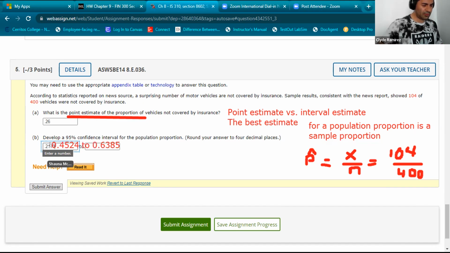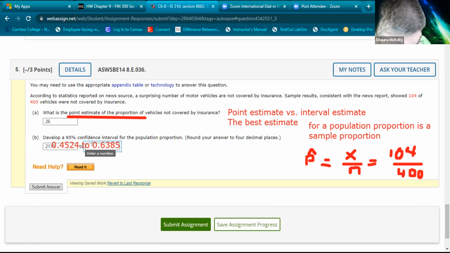I'm getting 0.21701. What confidence level did you use? 95%.